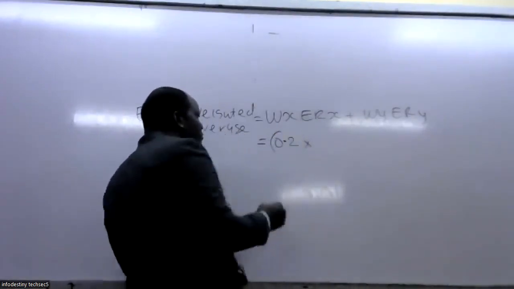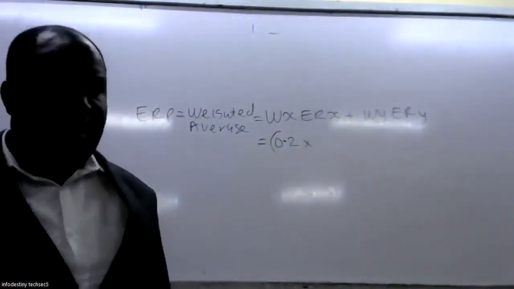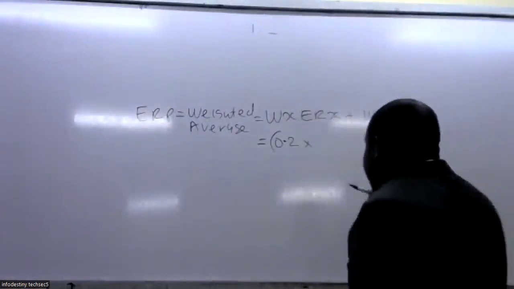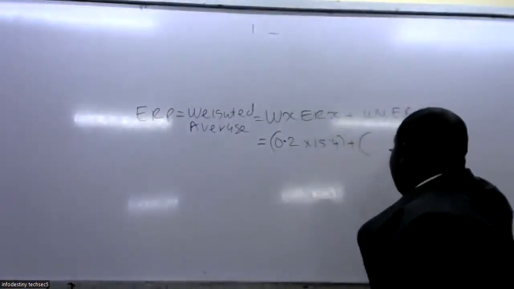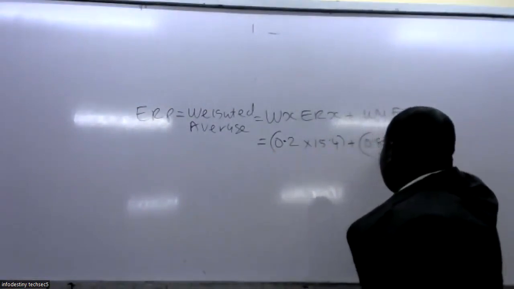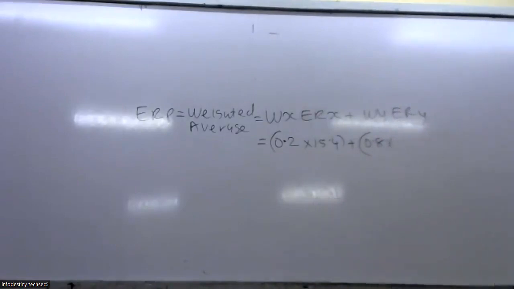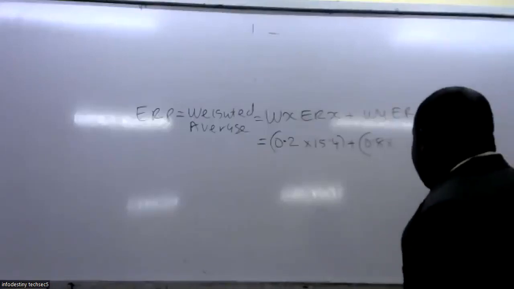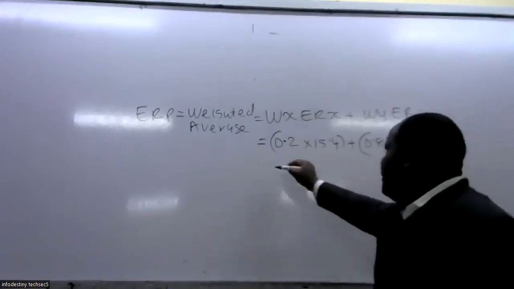If you check, when we started the question, we had calculated the expected return for X, and it was 15.4. Then the weight for Y is 0.8. The expected return for Y, when we started the question, we got 22.7.